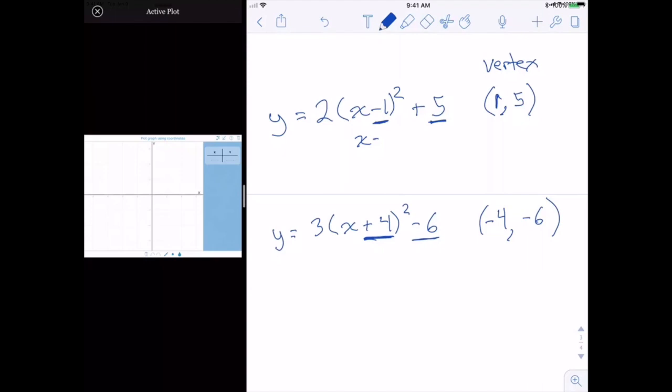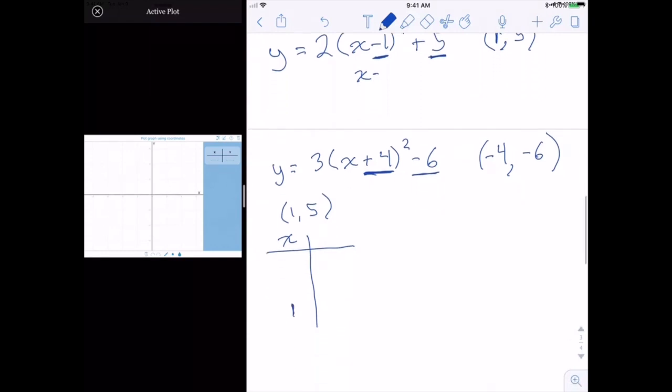So for this first example, when I have a vertex that's 1 and negative 5, when I set up my table of values, I know that the vertex x is 1, so I want to use 1, and then I'll use 2 numbers up from 1 and 2 numbers down from 1 as my x values. And then I plug those x values into the equation to determine what y would be.